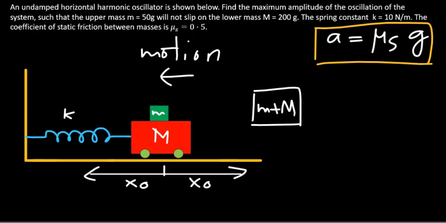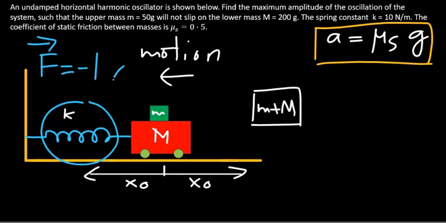Well, there is this spring force from the spring. We know the spring force opposes motion. That is a direct consequence from Hooke's law. Hooke's law states spring force equals minus k times displacement. So in this case, the direction of the force is that way.